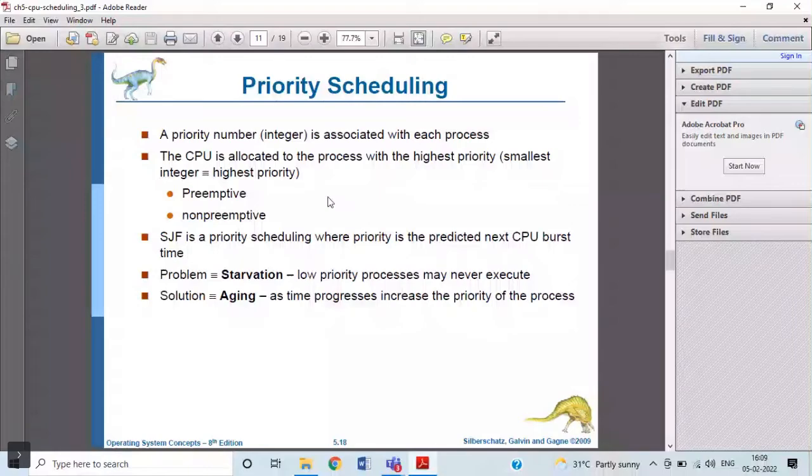Automatically it will give its CPU time to the next process. That is called preemptive.